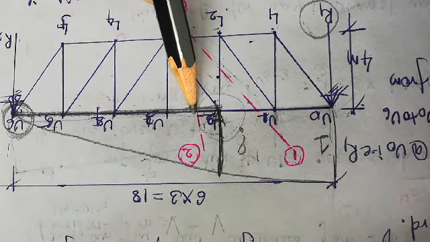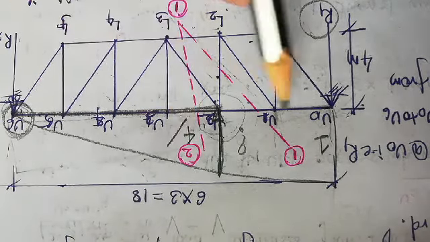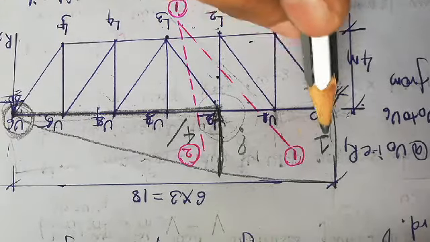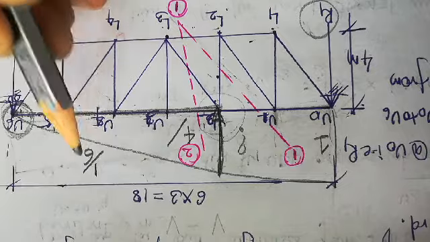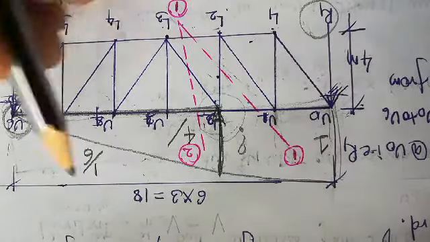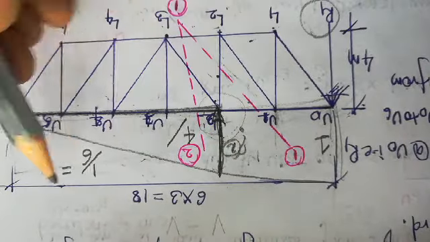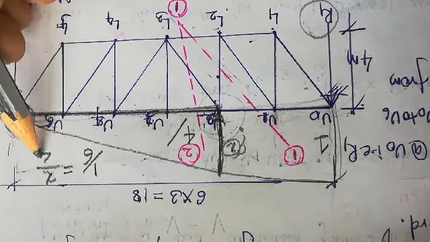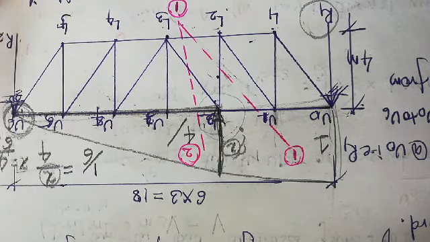Since here it is 1, this will be 1, 2, 3, 4, that is 4 parts of this whole diagram, by similar triangles. It is 1 divided by 6. The larger triangle should be equal to, if I name this ordinate x, x divided by 4. So x will be equal to 4 by 6.